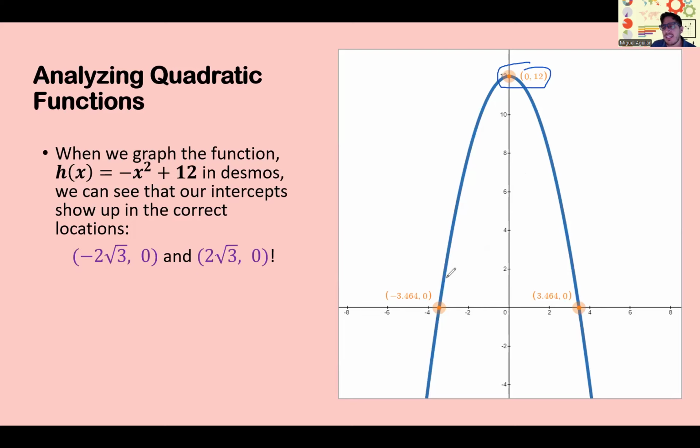And then Desmos is saying, oh, your x-intercepts are at -3.464 and +3.464. But that doesn't look like this, right? So I do have to say there are some limitations whenever we have any kind of technology. Desmos is going to round these radical expressions to 3 or 4 decimal places.